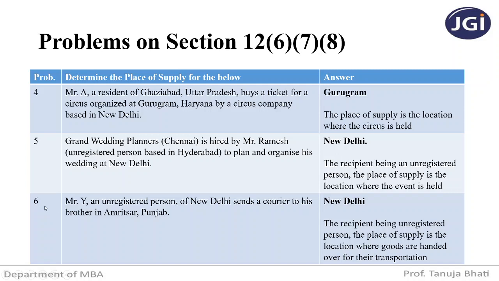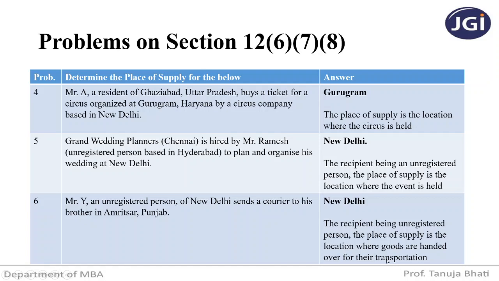Next, the sixth one: determine the place of supply where Mr. Y, an unregistered person of New Delhi, sends a courier to his brother in Amritsar, Punjab. So the answer is New Delhi, because as per section 12 subsection 8, the recipient being an unregistered person, the place of supply is the location where the goods are handed over for their transportation.